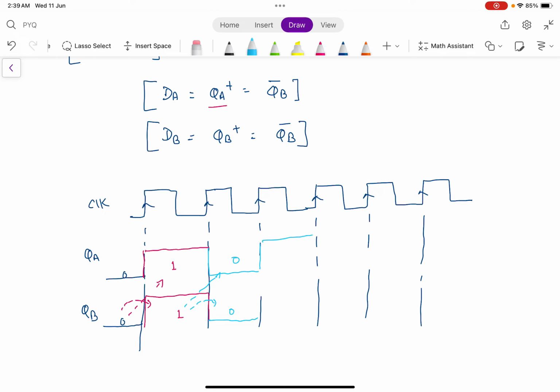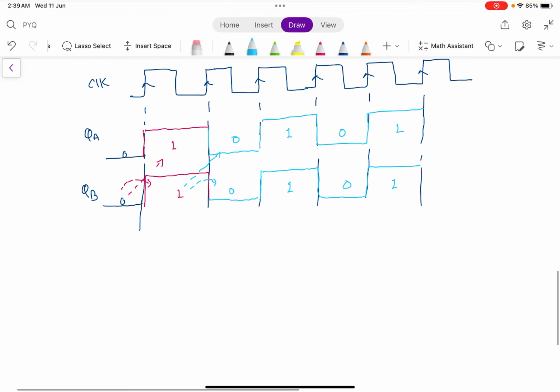This again gets 1, and this also becomes 1, and so on, then 0. So what you see is 1 0 1 0. QB complement is just the complement of this.